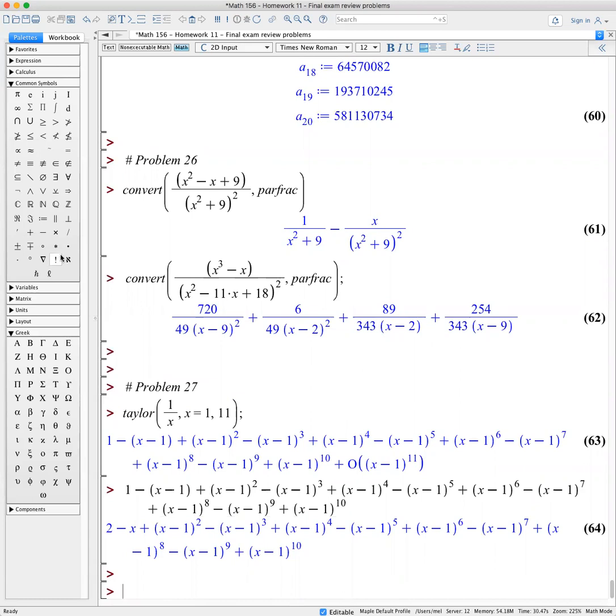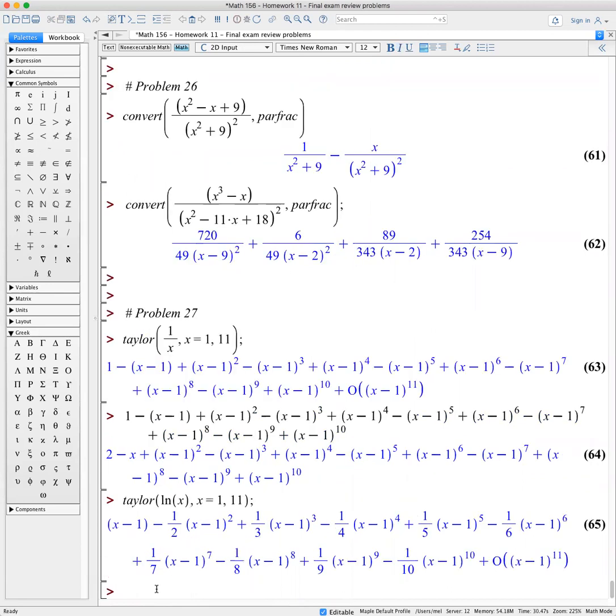And similarly for log x and tangent x. So here we're putting in ln of x, and that Taylor series looks like that. Notice the coefficients, 1 alternating in sign, a half, a third, a fourth, a fifth, a sixth.